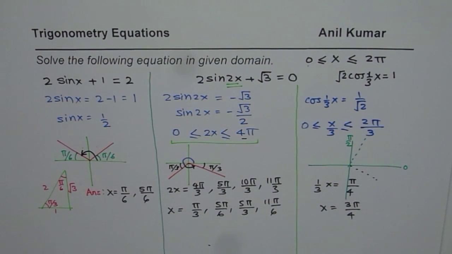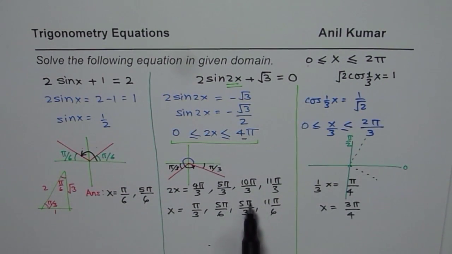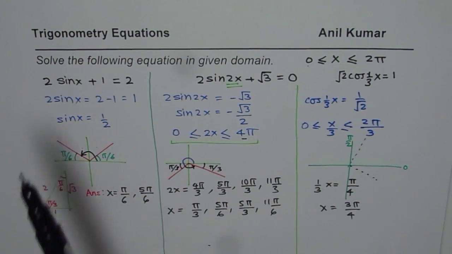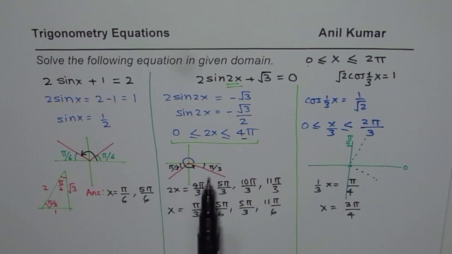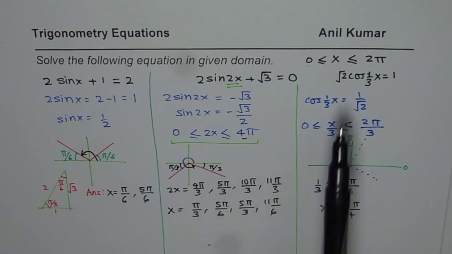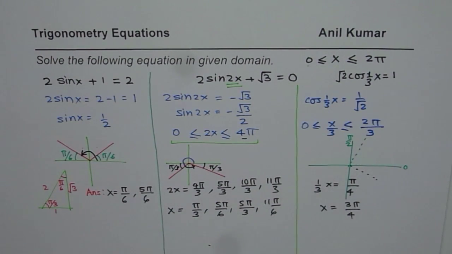The idea to share with you is that when the arguments change, in that case the number of solutions also change. So when it was just x, we had 2 solutions. When it was 2x, we had 4 solutions. And when the argument changed to 1/3 of an x, we had just one solution.